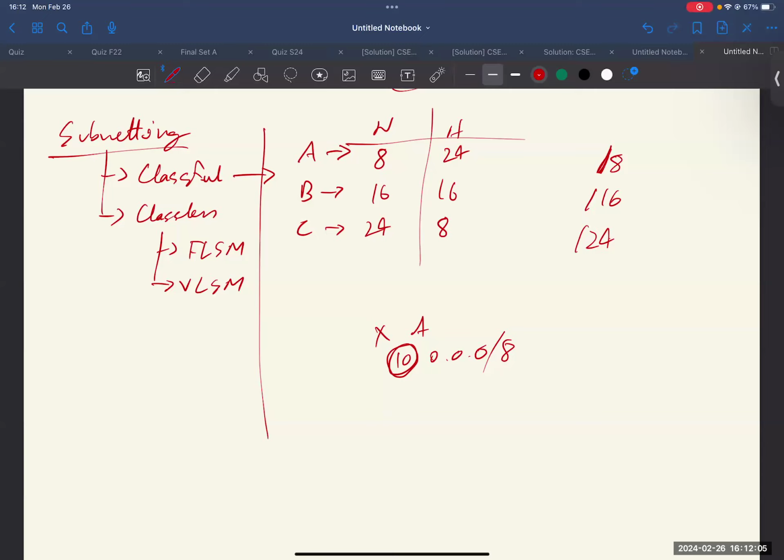Okay. So which class of IP address is the most expensive? A, B, or C? So A, I think. Because less number of networks. Nope. So A is the most expensive, C is the least expensive. Why is A most expensive?